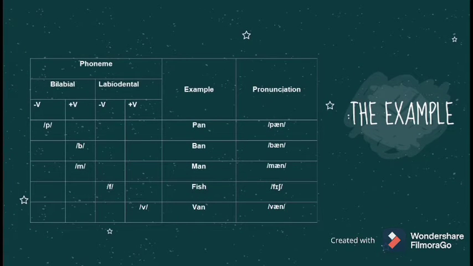The next are examples of bilabial and labiodental. For voiceless bilabial, there is the P sound. The example is pan. For voiced bilabial, there is the B sound. The example is ban. And then the M sound.